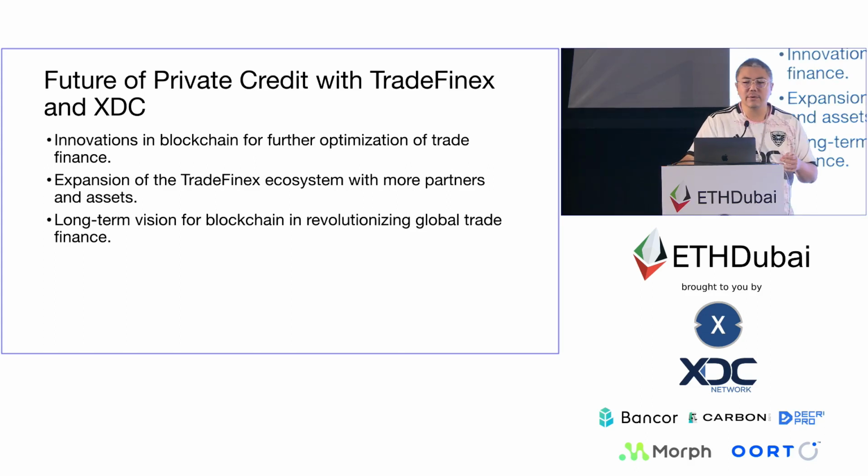In terms of how we see private credit with Trade Phoenix as well as XDC, in terms of innovations for blockchain, once you hook up the whole network, we would view this as something like a DocuSign moment, but for trade finance, whereby the bills of lading no longer need to be sent in paper form across the globe, but you can do it in electronic form.